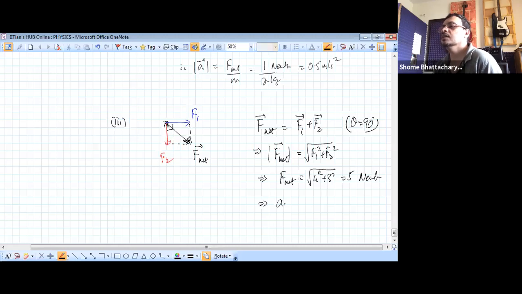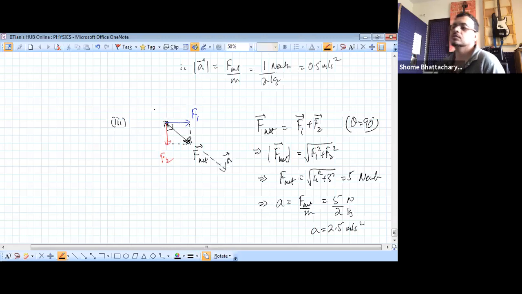So the acceleration will have a magnitude of this, and the direction of the acceleration will be along this one. So this body will accelerate along this direction.